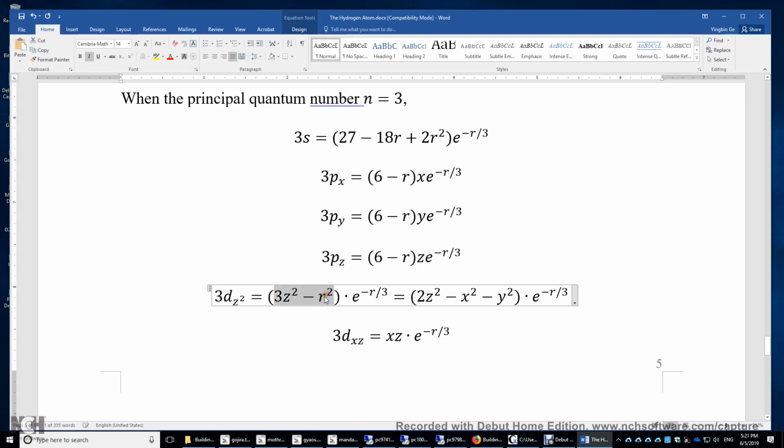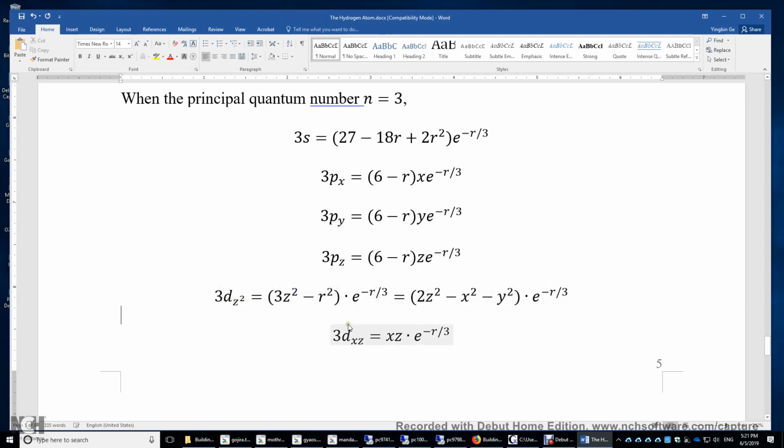So these nodal surfaces are simply cosine theta equals plus minus the square root of 1 over 3. All right, there are two nodal surfaces. Therefore, the nodal surfaces look like two cones, one pointing up, one pointing down.